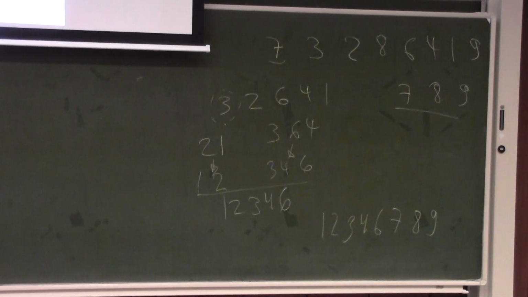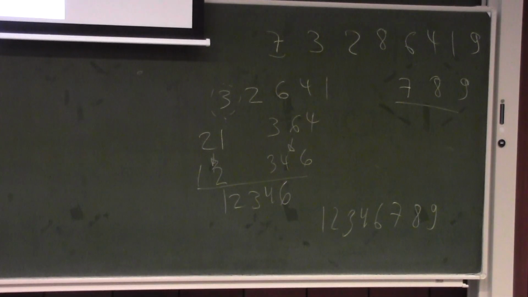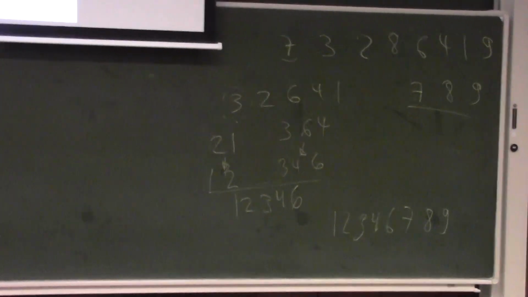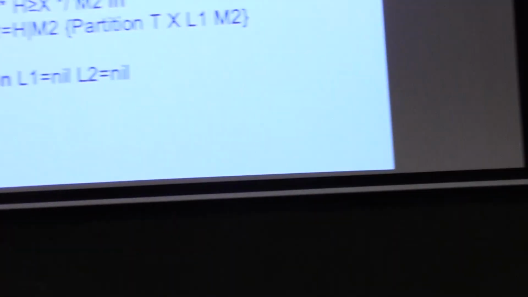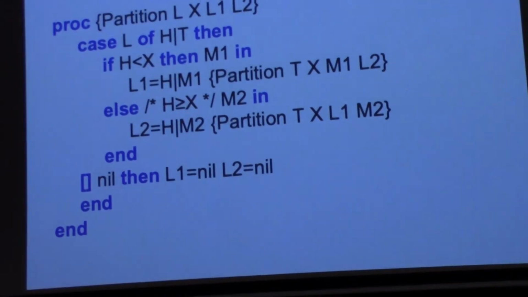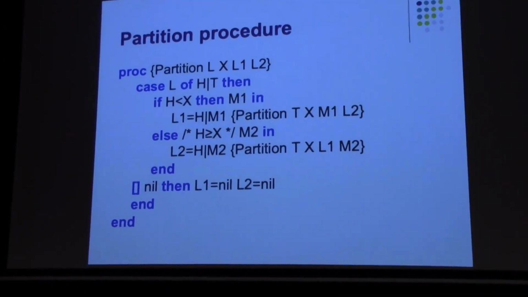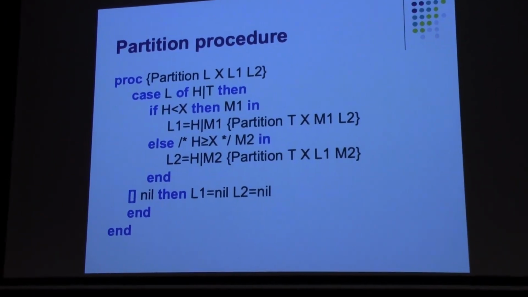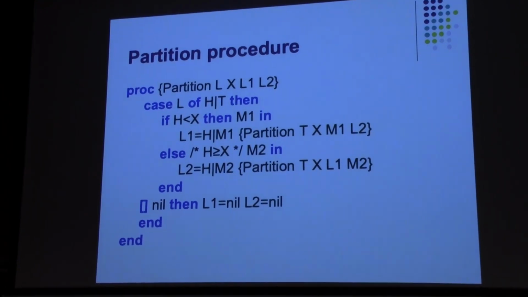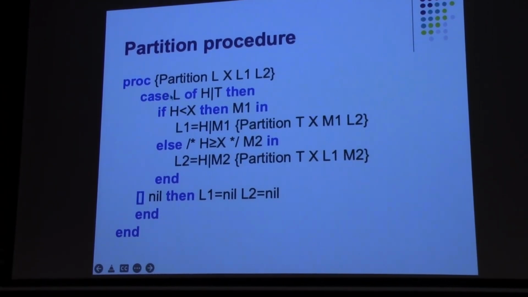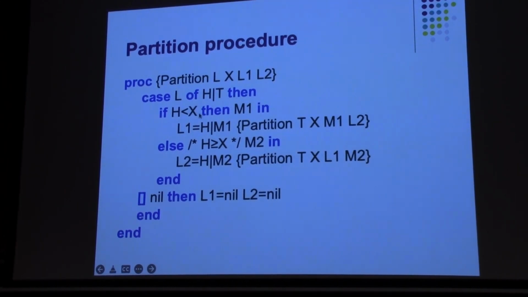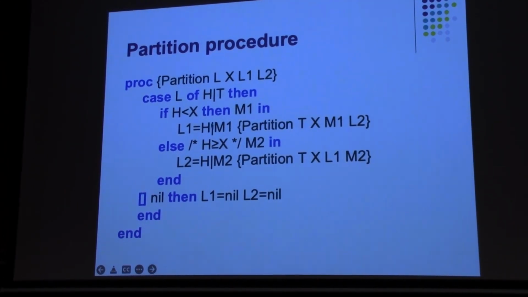Now let me write the code for this. So here's a partition procedure. It takes a list L, it takes a pivot X, and it returns two outputs, L1 and L2. It traverses L and compares the element H with the pivot, and either builds L1 or builds L2.